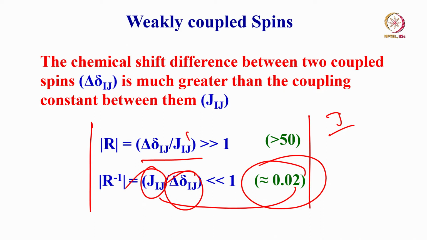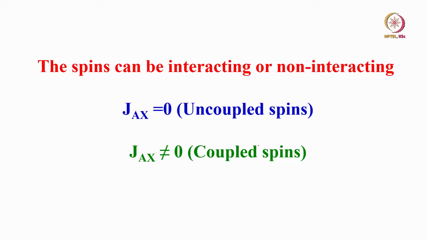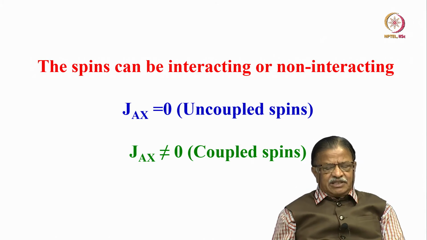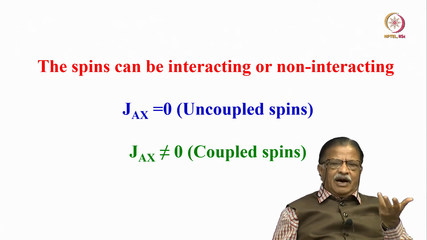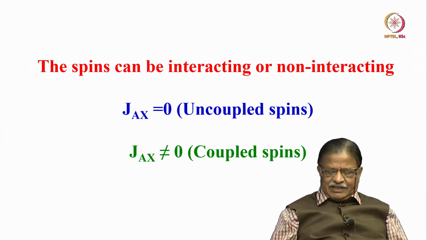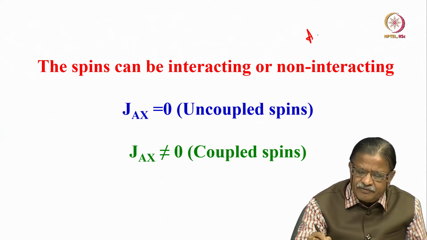Also you can take the reverse, the chemical shift separation divided by the coupling. If it is a very large value, more than 50 times, then they are weakly coupled. So spins, strongly or weakly coupled, can also be interacting or non-interacting. For example, I have two spins A and X next to each other.